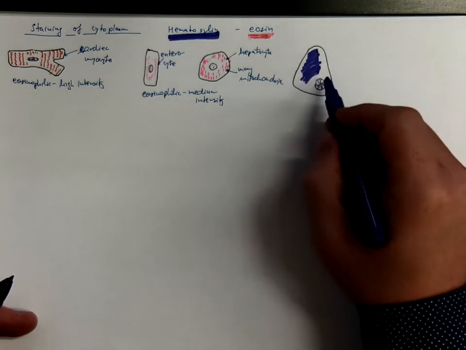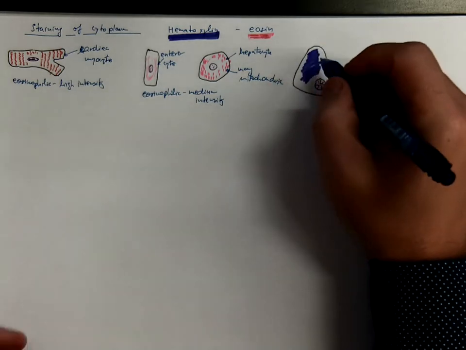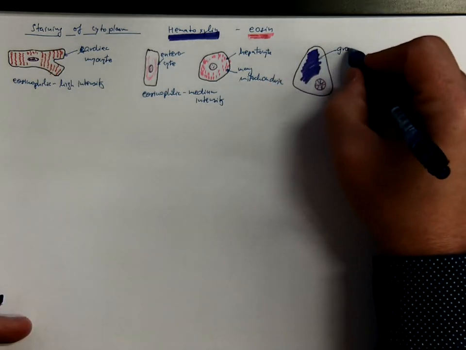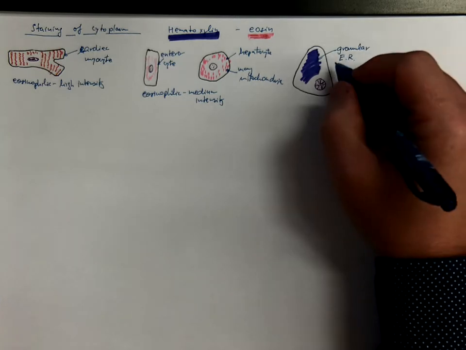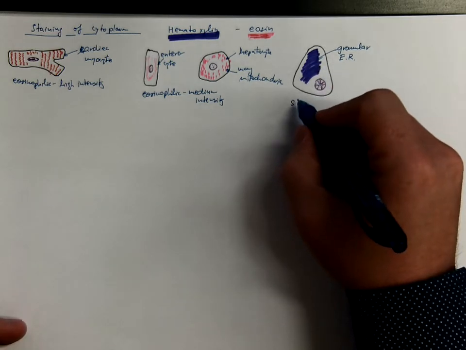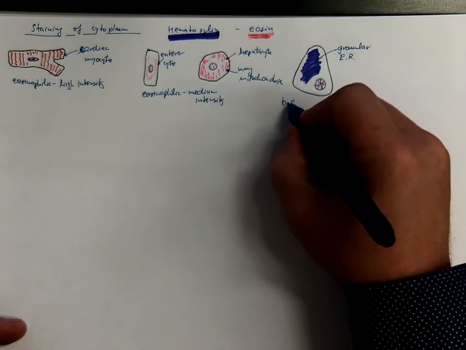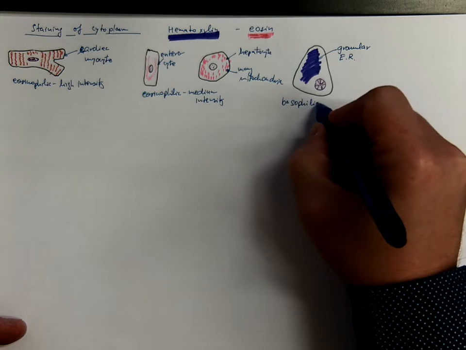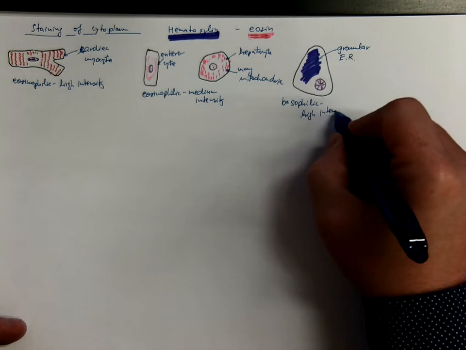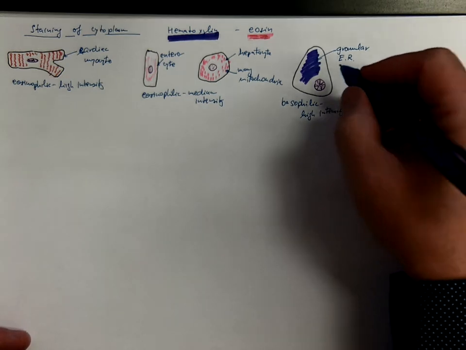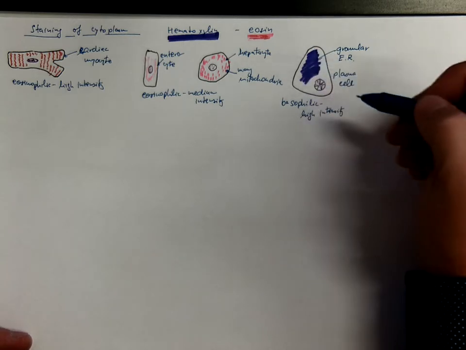So except for this region close to the nucleus, you can see the granular endoplasmic reticulum. This is strongly basophilic staining, so I would call it basophilic with high intensity. So it's a plasma cell. This is a cell that produces immunoglobulins.